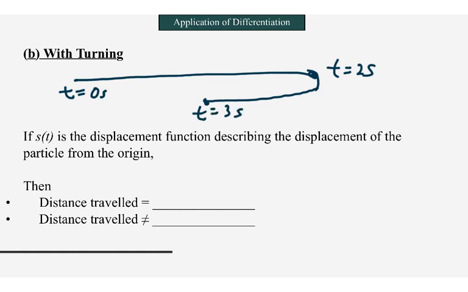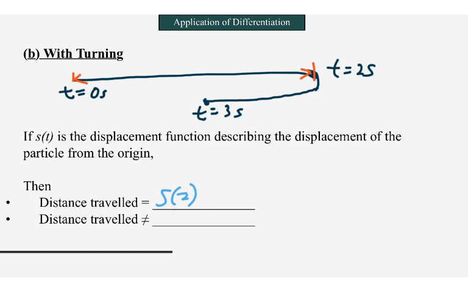If s of t is the displacement function describing the displacement of the particle from the origin, then for the distance traveled we have to consider the part where it is traveling from this point to this point. This can be done by substituting t equals 2 in the function of s.